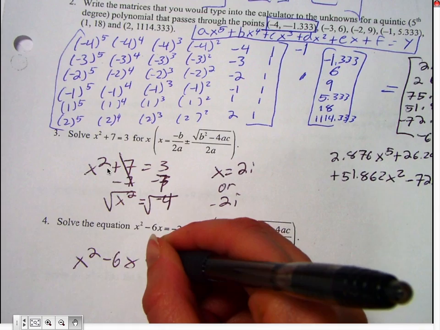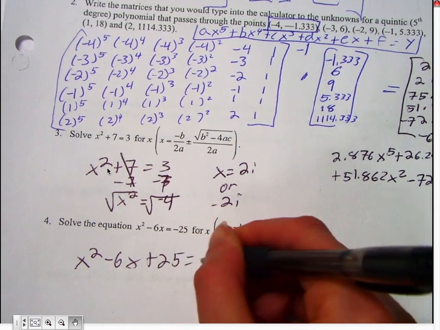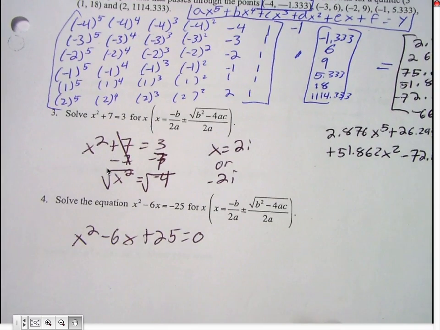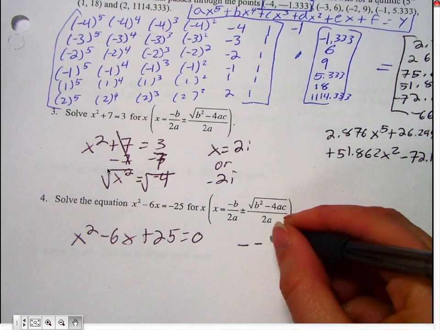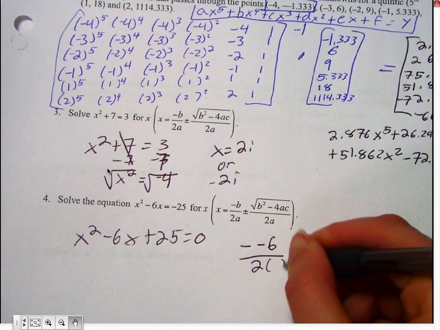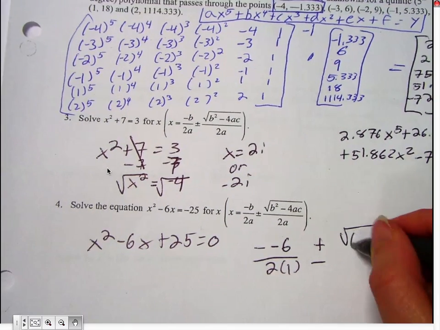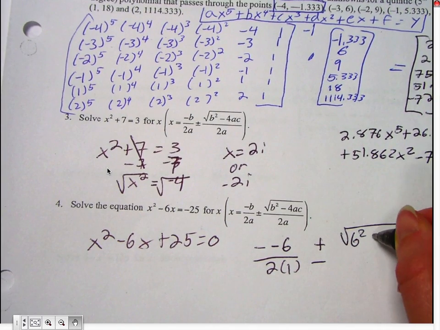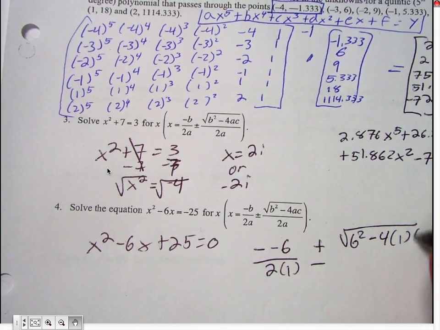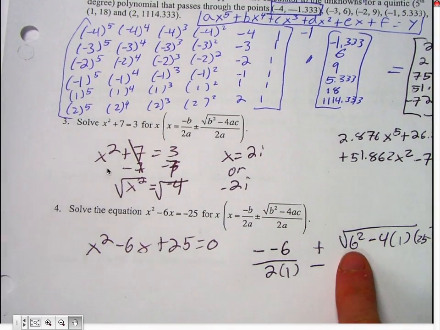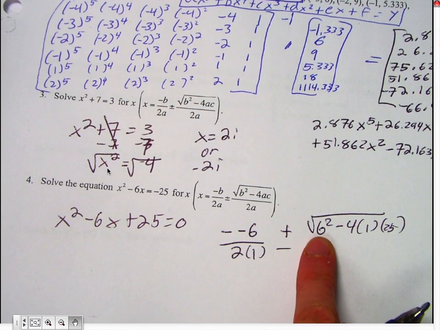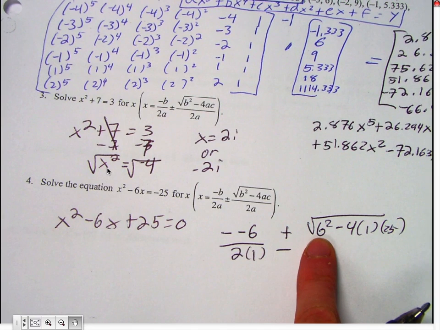I'm just going to add 25 to both sides first, equals 0. Okay? We're going to plug them in for A or B or C. So we have minus a negative 6 over 2 times 1 plus or minus the square root of 6 squared minus 4 times 1 times 25. I did not put negative 6 squared here. Do you think that matters? What's negative 6 times negative 6?